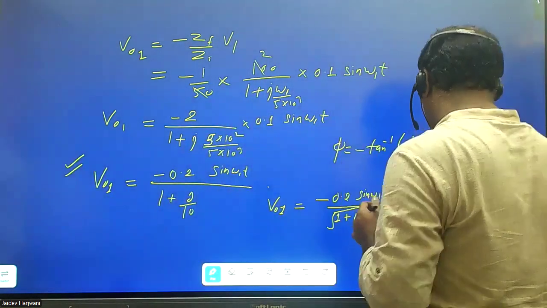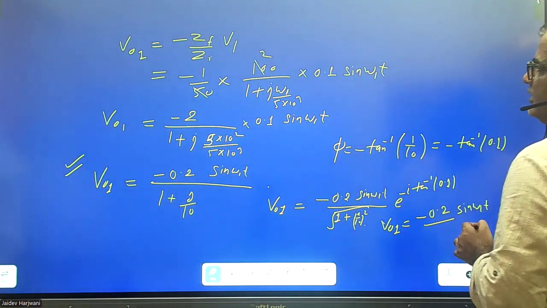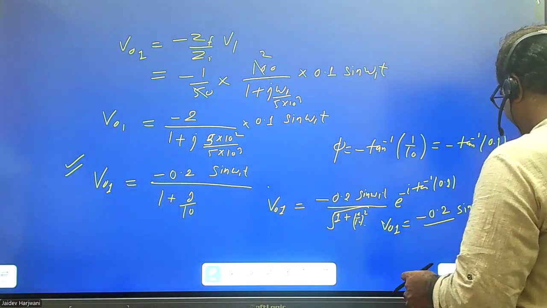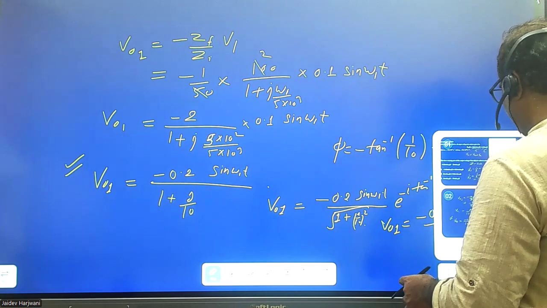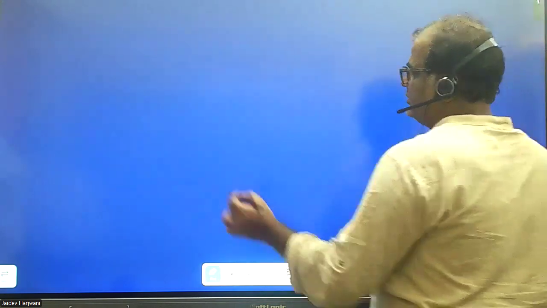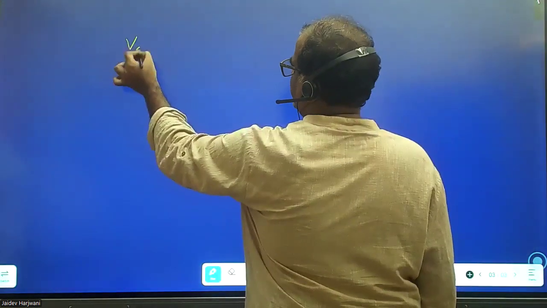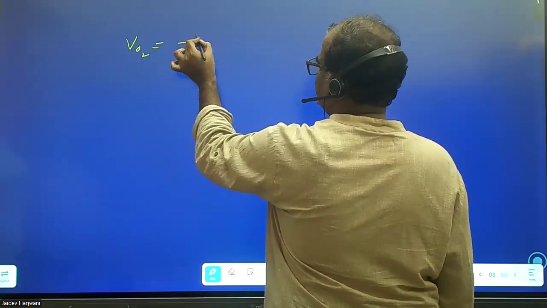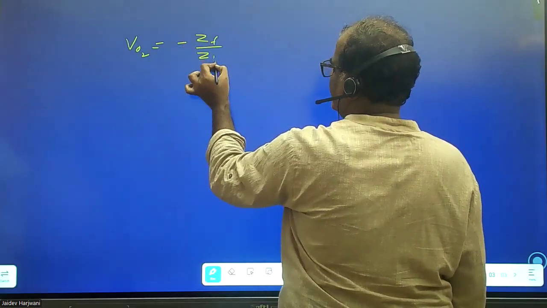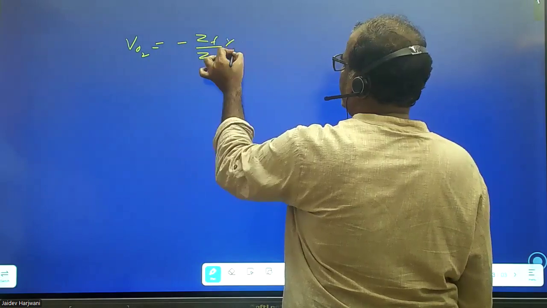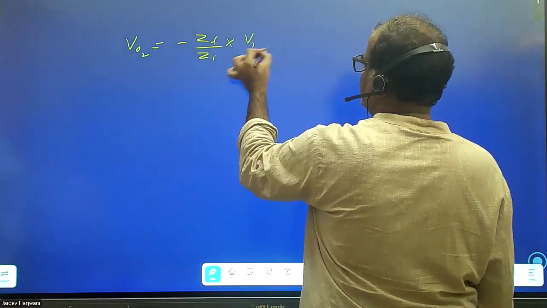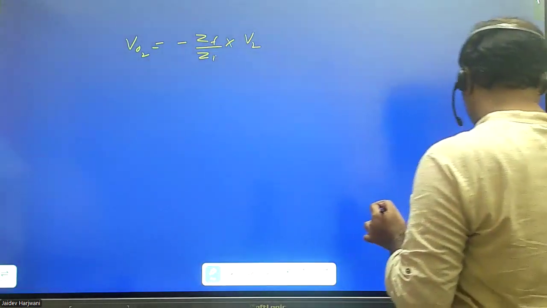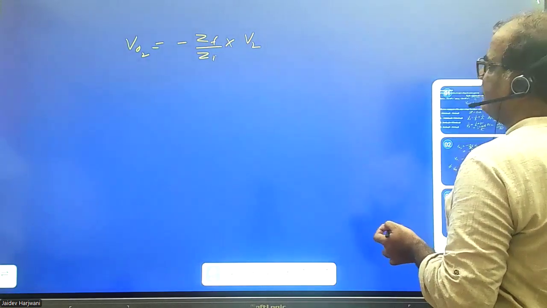Okay, let me now find Vo2. So Vo2 will be what? Again minus ZF upon ZI multiplied by V2. Okay, and we already have solved ZF and this one.